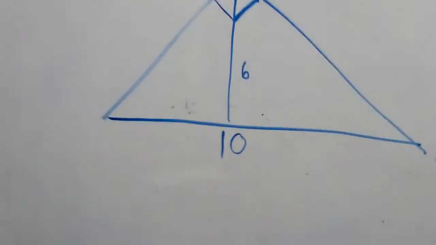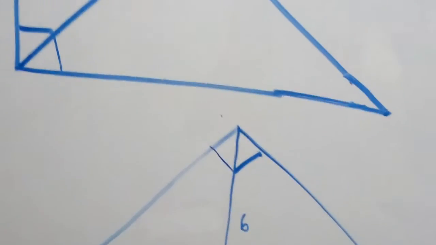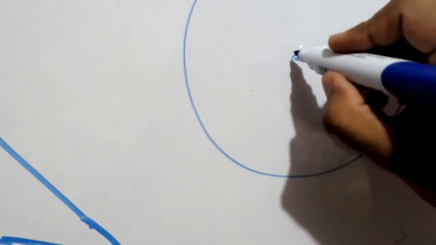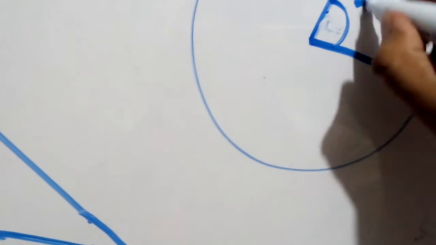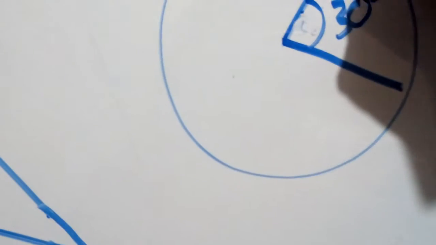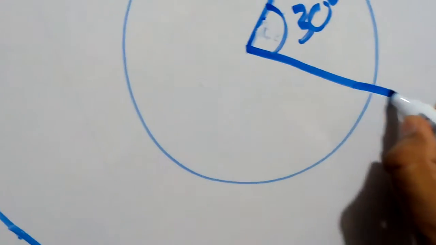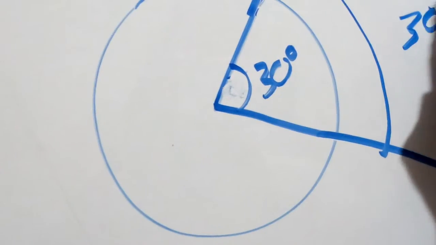Well, since this is a right triangle, you should remember from previous stages that, for example, in a circle, if you make the central angle, let's say this angle is 30 degrees, it doesn't matter how long the sides of the angle are extended. This is also 30 degrees.